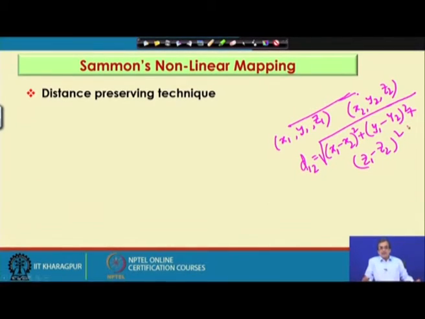So, this is the way we try to find out the Euclidean distance. Now, supposing that we have got the Euclidean distance value between the points 1 and 2. Once you have got this Euclidean distance, we can keep it the same, but I can move the second point with respect to the first point by keeping the same Euclidean distance.